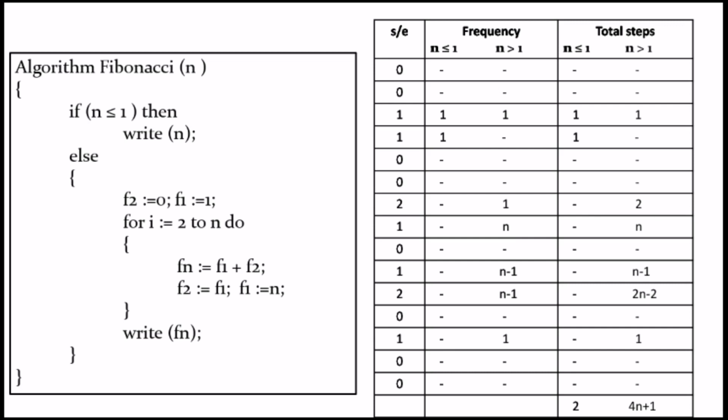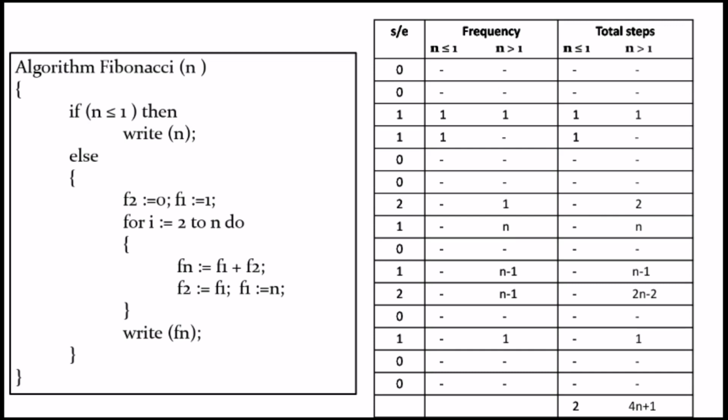So n minus 1 plus 1 will be n. So 1 into n will be n. So n times will be the total steps for this particular statement, that is for i equal to 2 till n. Next, fn equal to f1 plus f2. This will be executed n minus 1 times. So 1 into n minus 1 will be n minus 1.